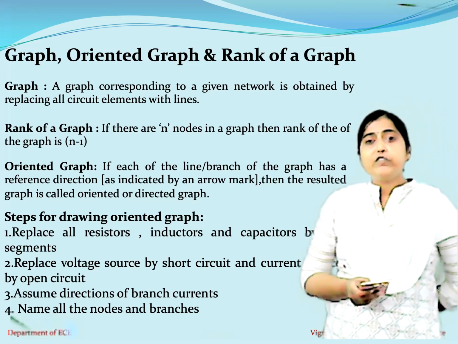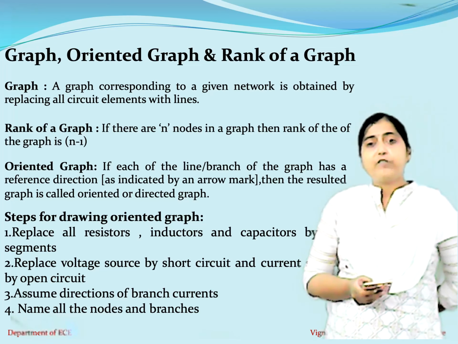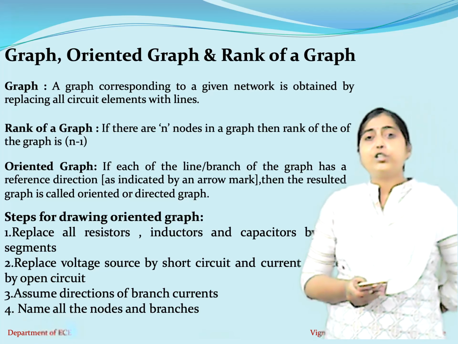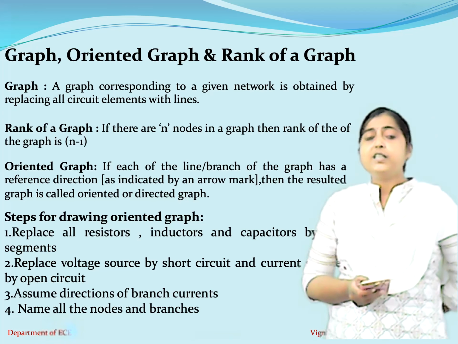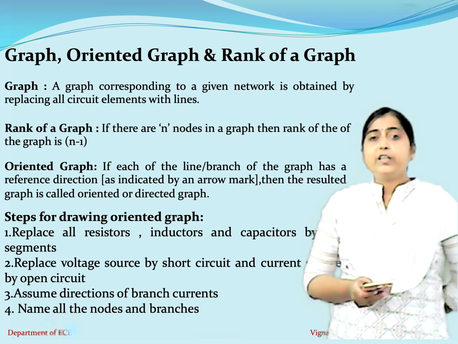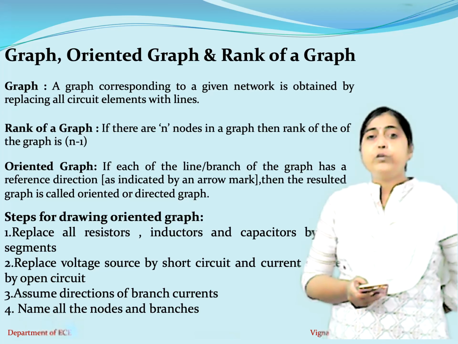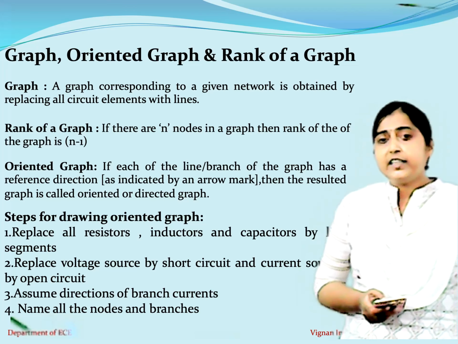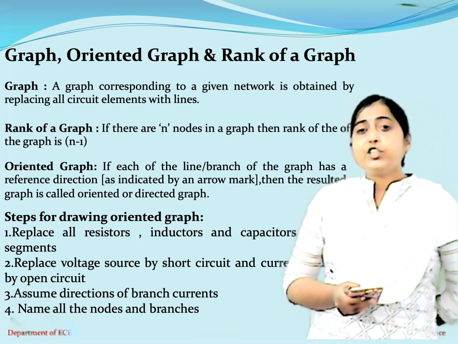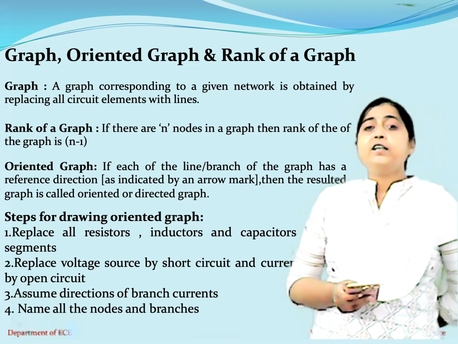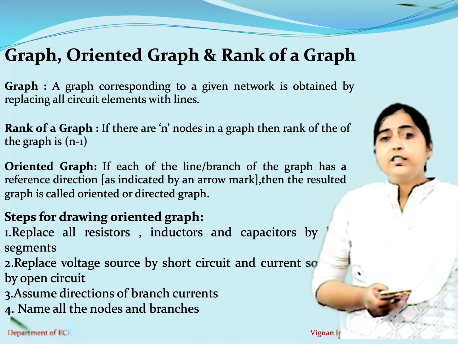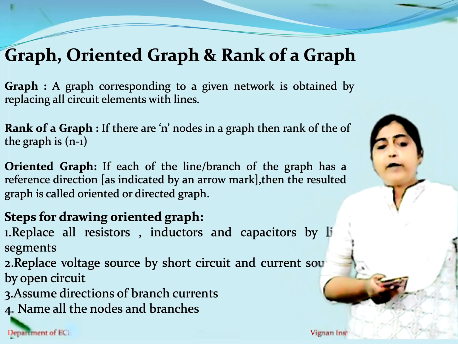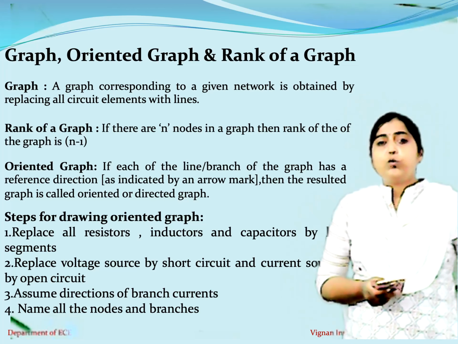The difference between a graph and an oriented graph is that in a graph we never consider the direction of the branch currents flowing through the network, whereas in an oriented graph, you need to mark the direction of the branch currents in the graph. Such graphs, which show the direction of branch currents with an arrow mark, we call oriented graphs.